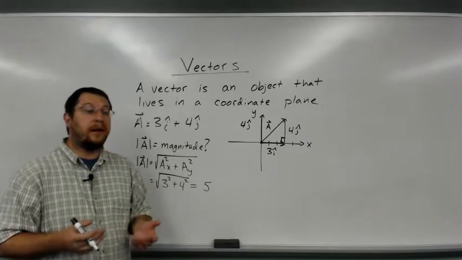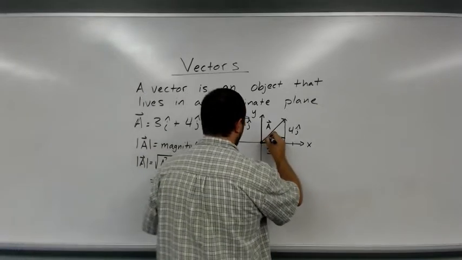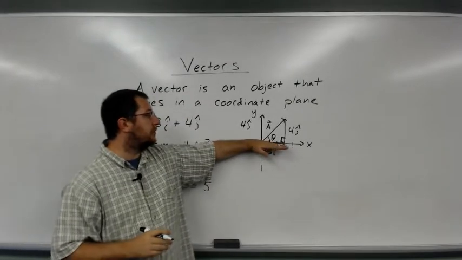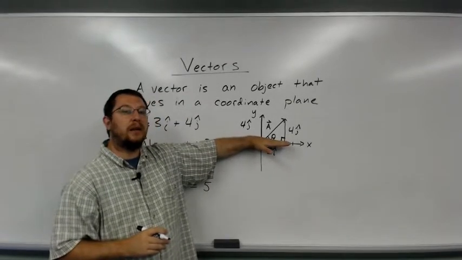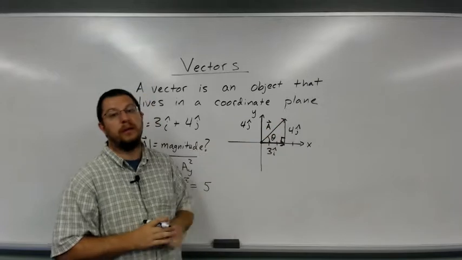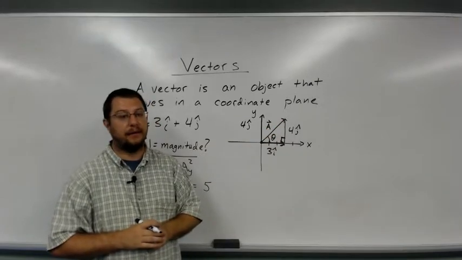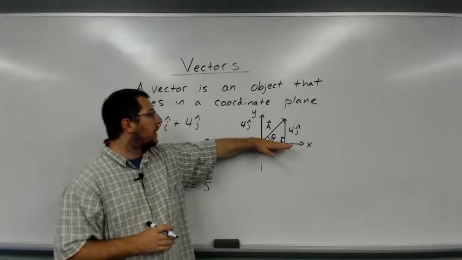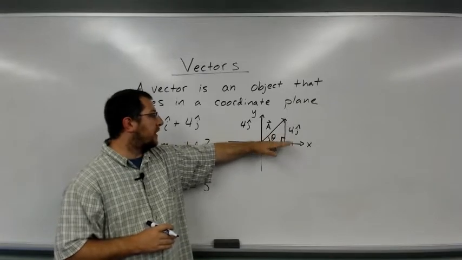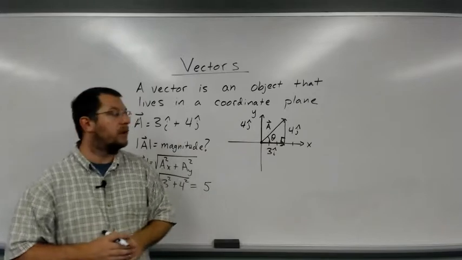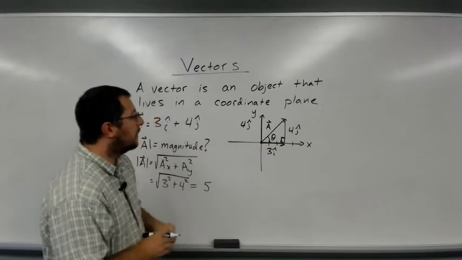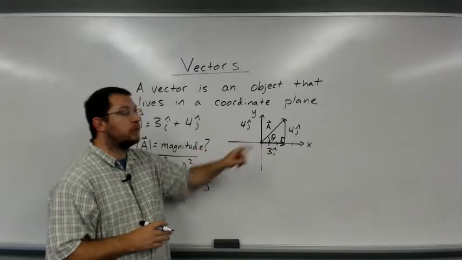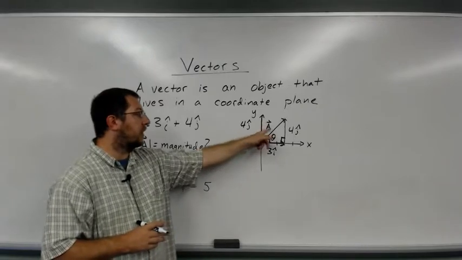Now what about the direction? Typically, what we will do is specify the direction as the angle of the vector with respect to the x-axis. So what we're going to do is look at this angle theta, and determine the angle theta based on this right triangle.